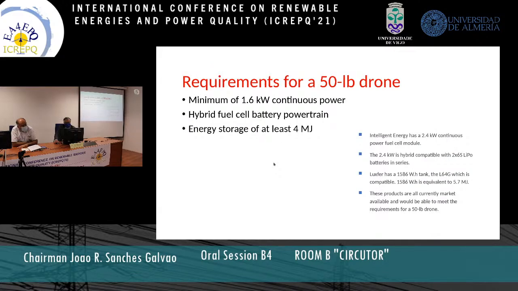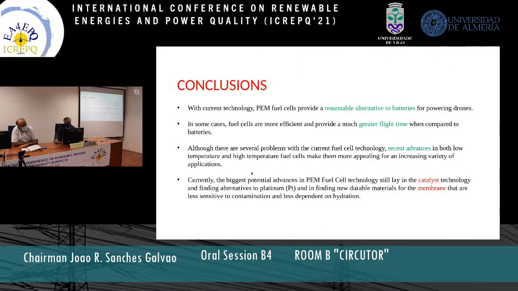Requirements for a 50-pound drone, which is approximately 25 kilograms, were estimated to be a minimum of 1.6 kilowatts of continuous power, some of which is going to be supplied by the battery and the rest by the fuel cell. Energy storage requirement of at least 4 megajoules. And these are the conclusions.